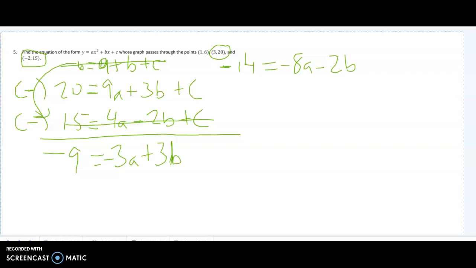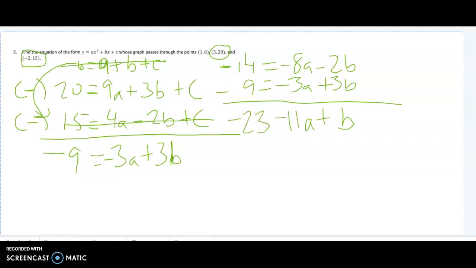Now when we do that, watch this. I'm going to rewrite these over here. And if you don't like having the equation on the left side, move it over to the right side. Doesn't matter. I'm going to combine these now because that's going to let me solve for b. Negative 2 plus 3b is b. This will be a negative 11a, and that's going to be a negative 23.